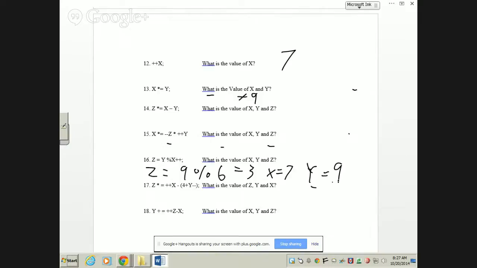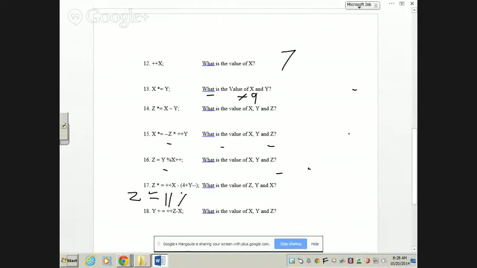Number 17. We have z times equals, or z equals itself, which at the moment is 11, times, this is a prefix operator for x, so that becomes 7 minus, and then we have a postfix operator for y, so y is unchanged for the moment, so y plus 9.